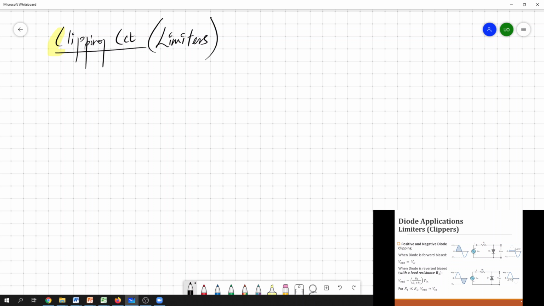So we basically discussed three types of diode models. One is the ideal model, the other one is a simplified model, and the third one is the piecewise linear model.